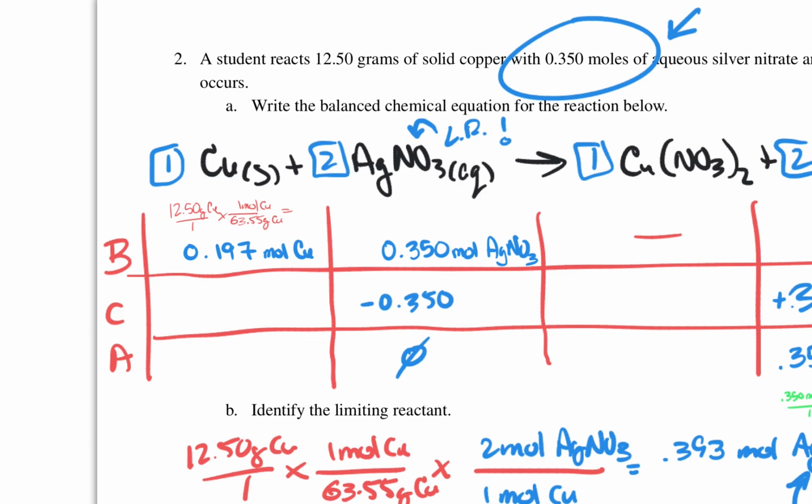Since half of 0.350 is going to be 0.175 mole, that's how much copper is going to be consumed. At the start of the reaction, we had 0.197 mole of copper. We used up 0.175 mole of copper. So that means that after the reaction, we're going to have 0.022 mole of copper remaining.